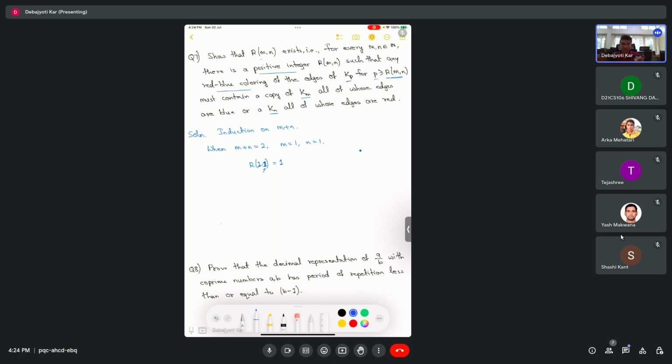So this statement is vacuously true, right? This one vertex is itself a complete graph on one vertex which does not have any edge. So r(1,1) is 1, which means r(1,1) exists. That is all that we care for.